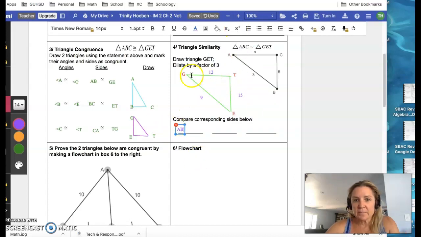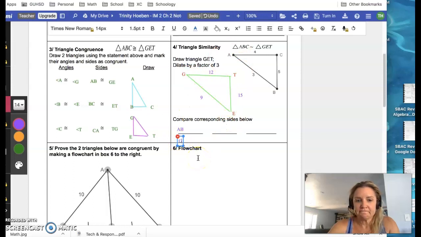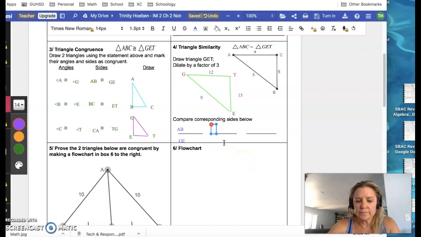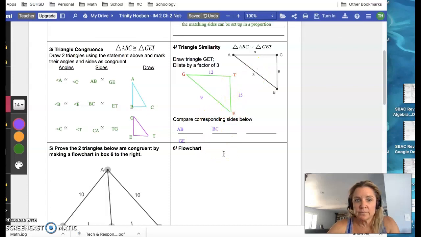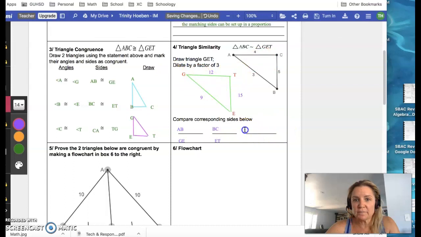And that gets compared to G to E. And then B to C. And that gets compared to ET. And then C to A gets compared to T to G.